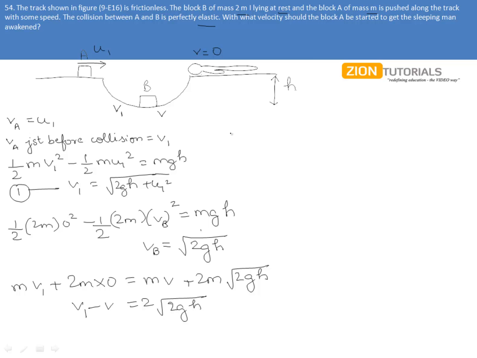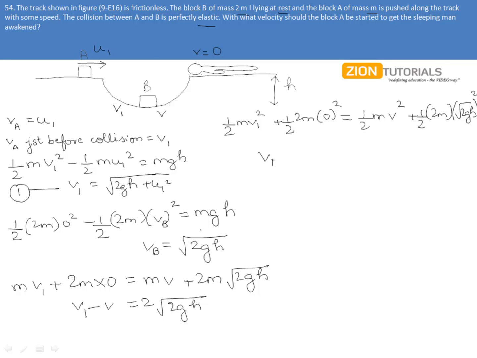Also, from energy conservation, I can write half m v1 square plus half 2m into 0 square equals half m v square plus half into 2m into under root 2gh whole square, because total kinetic energy is the same before and after the collision in a perfectly elastic collision.